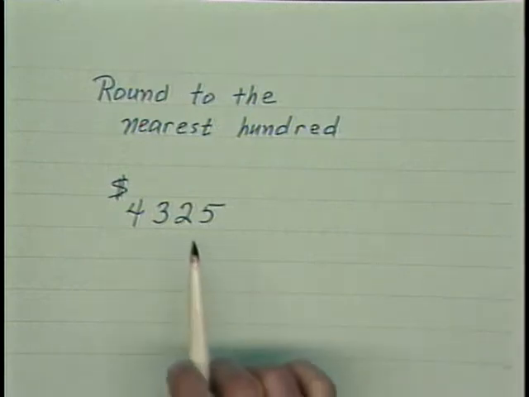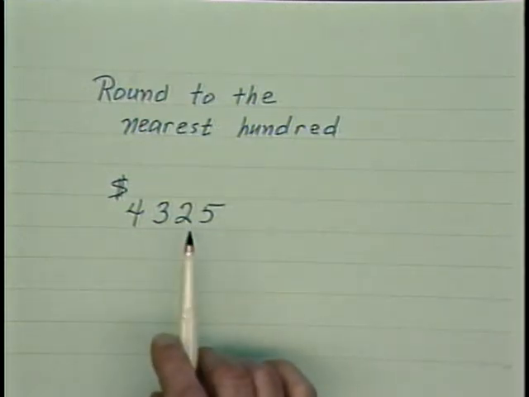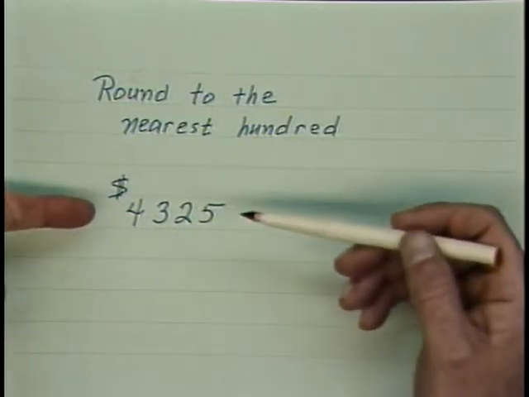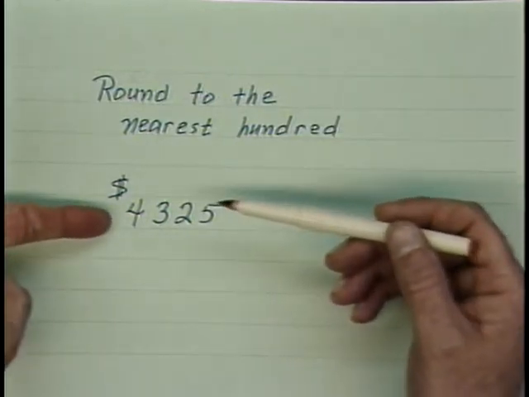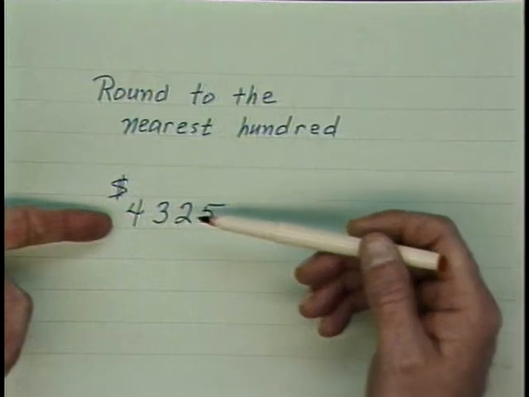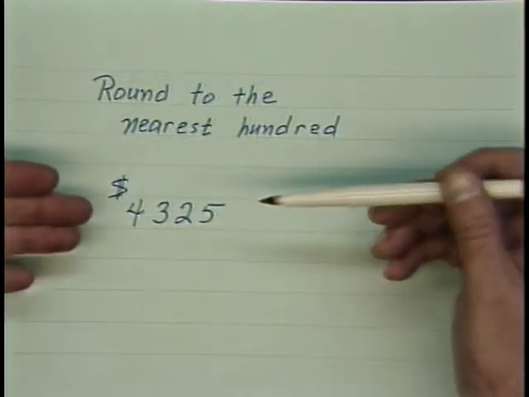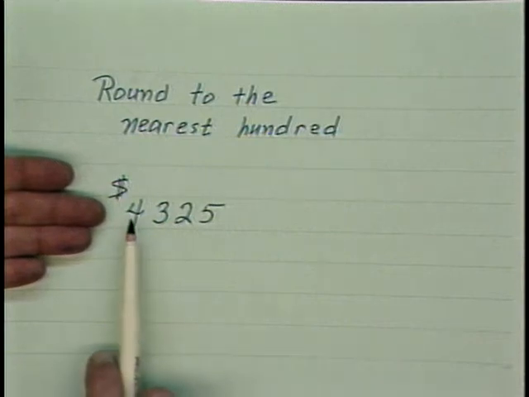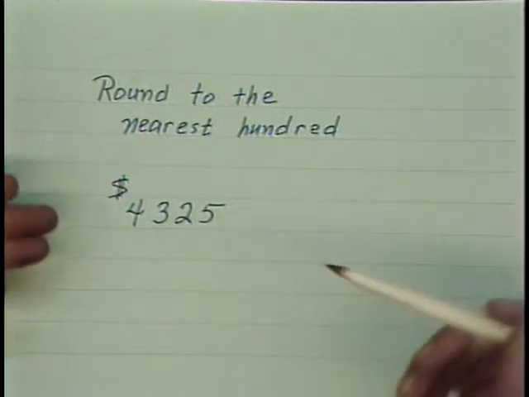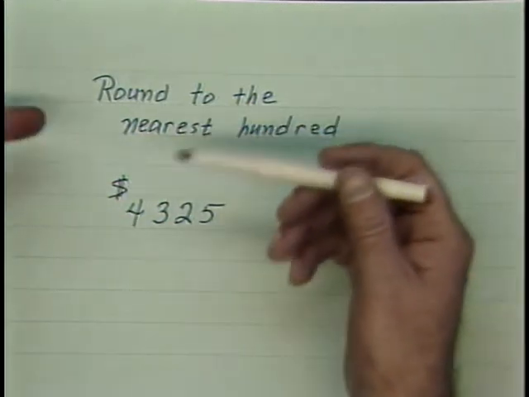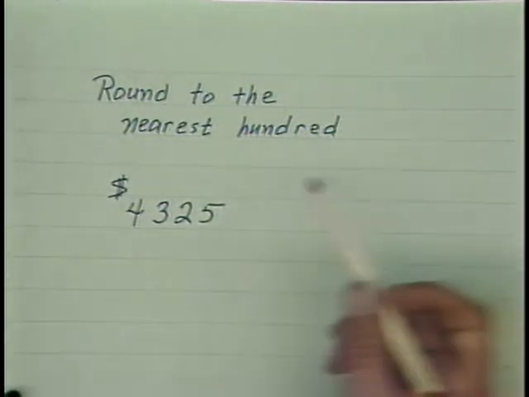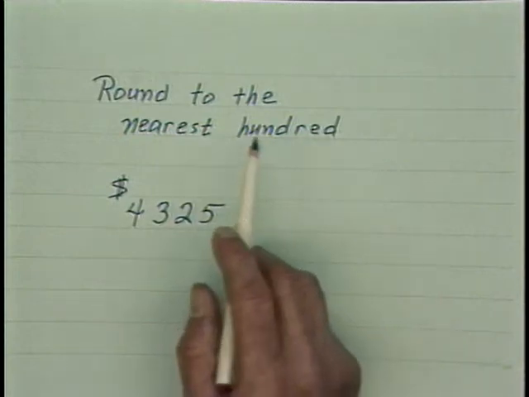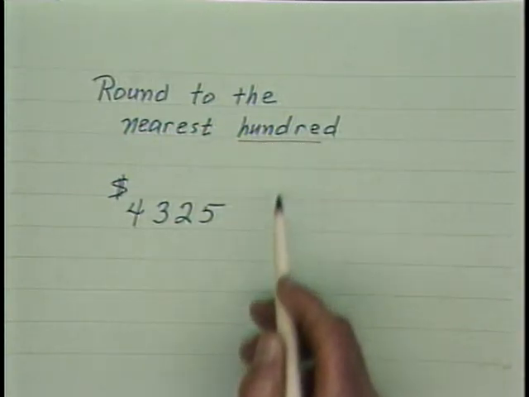During this lesson, we will concentrate on rounding whole numbers, not decimals. Let's say you're buying a second-hand car and the price tag is $4,325. See, here's the place value name, and what you heard me say, 4,325, is the word name, hence our last lesson. If we wanted to round it to the nearest hundred, our first chore is to find the hundreds place.